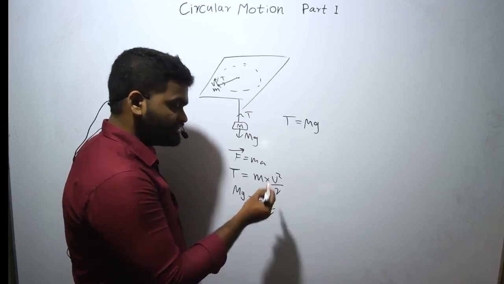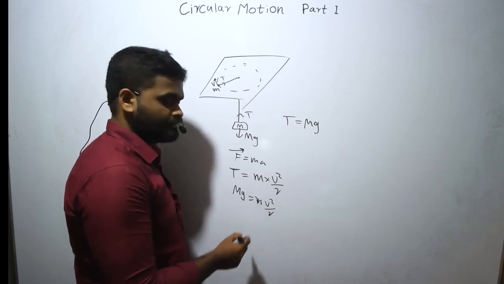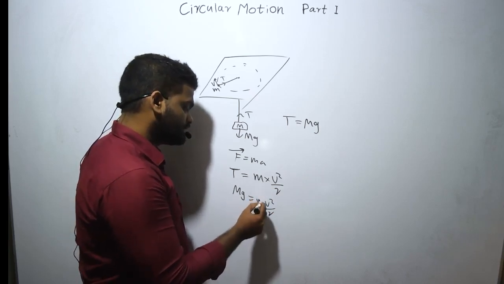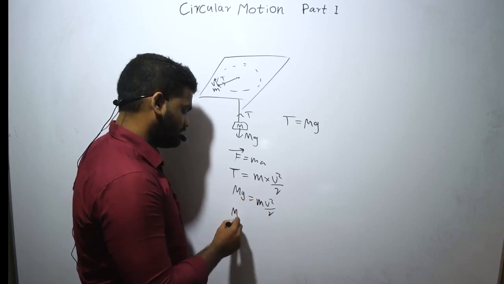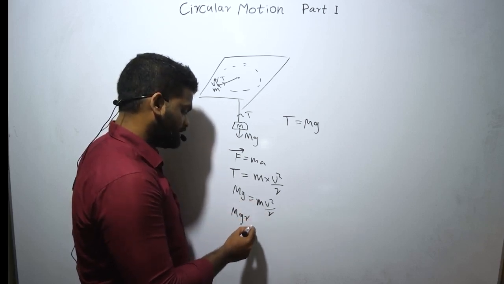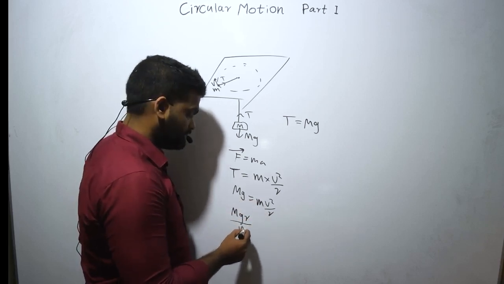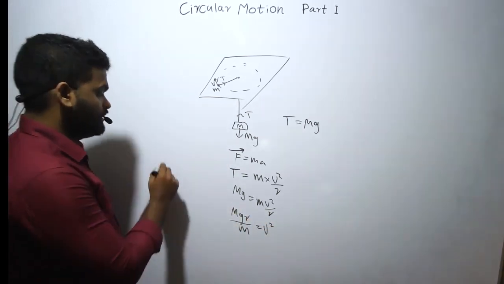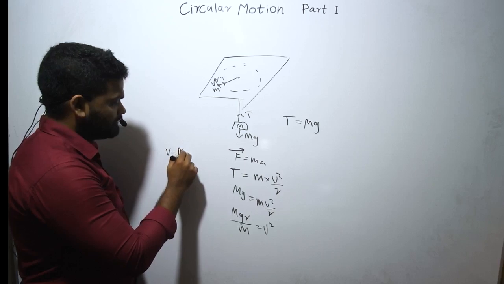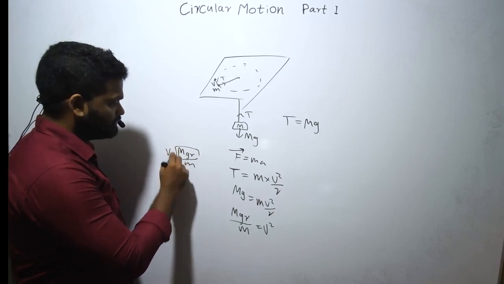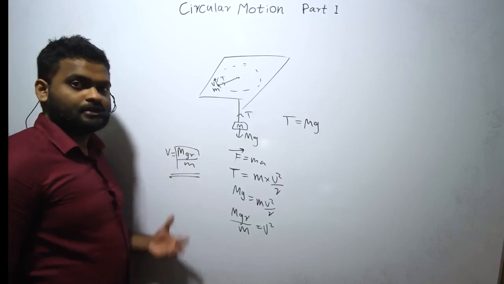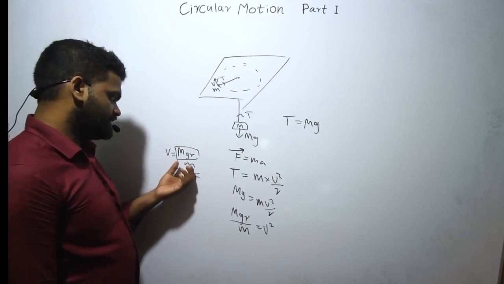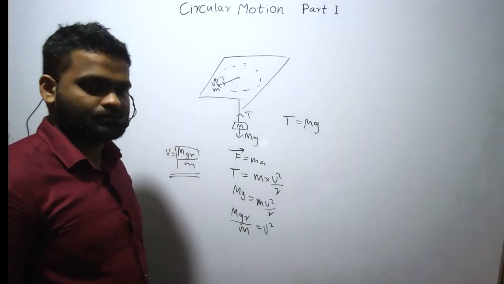What they ask is tangential velocity v, so all you have to do is make v the subject. Take this to the other side: M g r divided by small m is equal to v squared. Then take the root. So v is equal to the root of Mgr divided by small m. This is the tangential velocity.